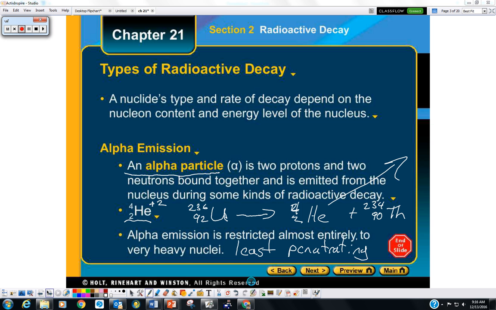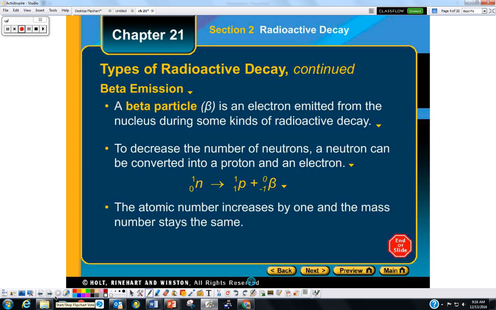All right, so moving forward, the next type of radioactive decay is a beta emission. What I want you to know about this is a beta emission is essentially an electron that's being emitted.